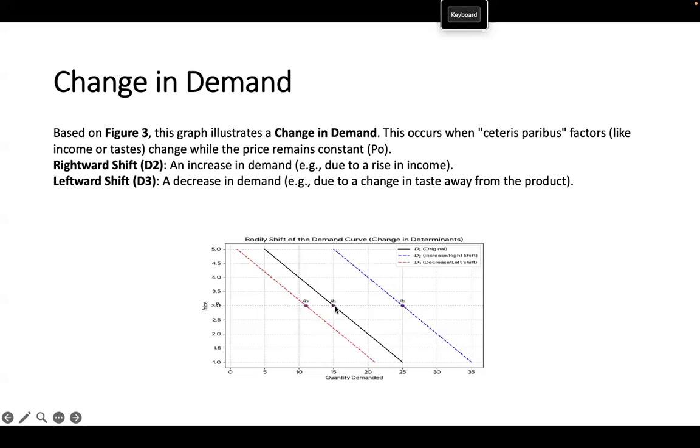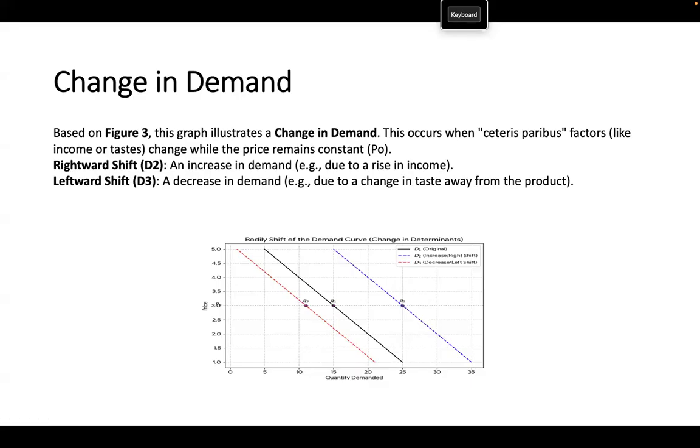So when there was a change in income, the income of the consumer has increased. Therefore, the demand for the product shifted to Q2. That is, there has been an increase, a rightward shift in demand. So it has shifted from Q1 to Q2.